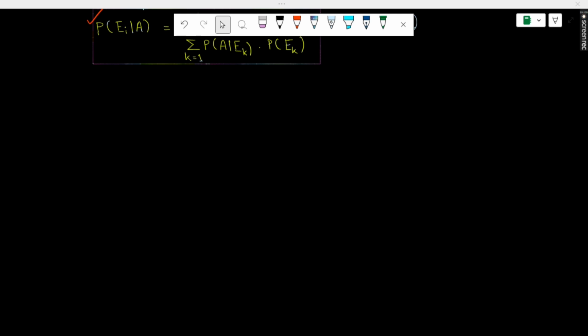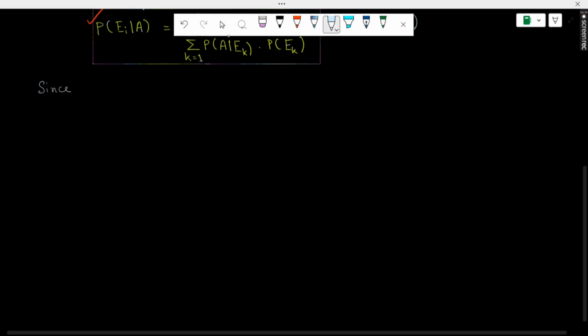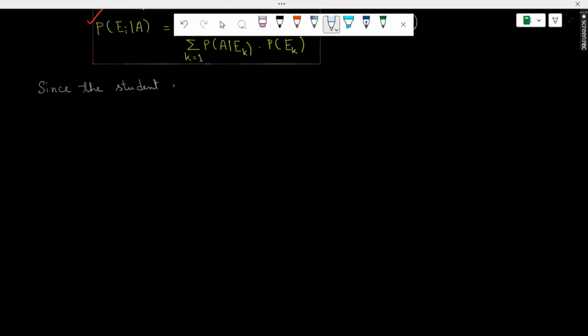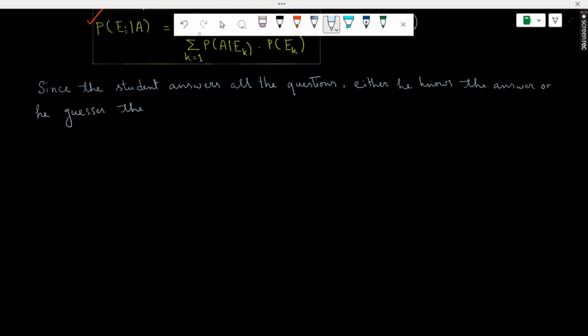Now let's use this Bayes theorem in the given question. Since the student answers all the questions, and either he knows the question or he guesses the questions, we can say that probability of guess and probability of knows the answer are complementary events.